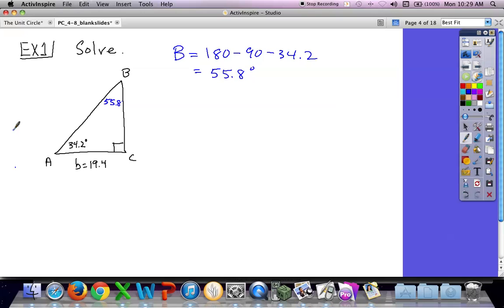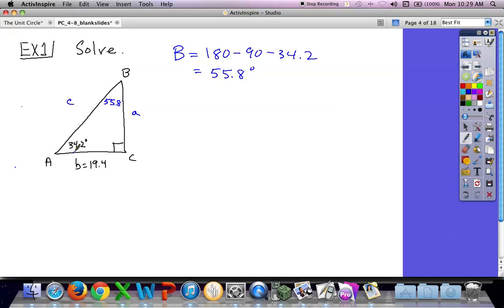Okay, now we need to find the lowercase letter a, and we need to find the lowercase letter c. And we have options, right? We know it's going to be a ratio that involves this 19.4. And it could either be with this angle or it could be with this angle. Take your pick now, whether you want to solve for A or C, or whether you want to use that angle or that angle.